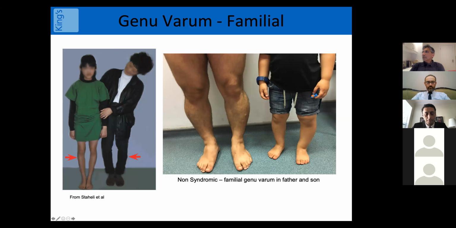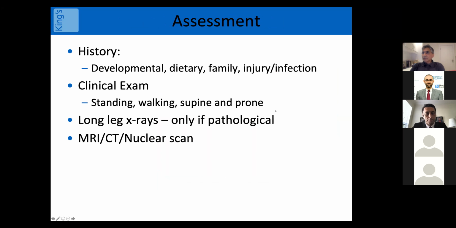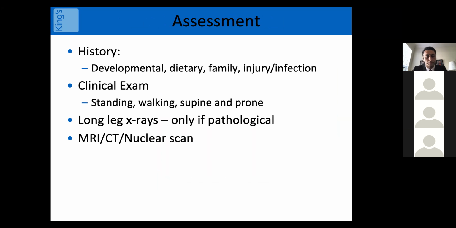So remember these variations beyond physiological. It's very important that the diagnosis is made mainly by history alone: normal development, normal diet, no family history of syndromes, no injury or infection, and generally the child is developing normally, then it's physiological.